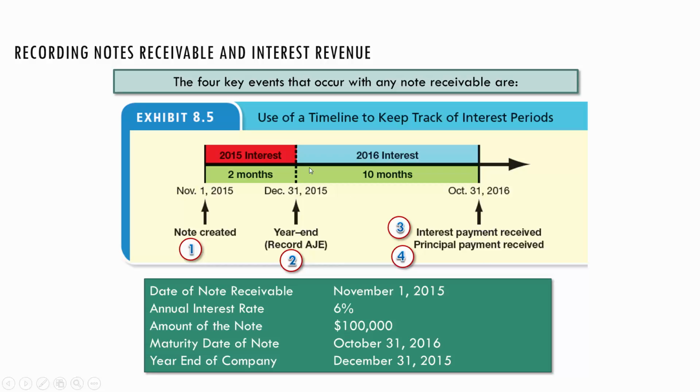So there's a number of events that are happening then with the note receivable and with the interest. And we have to use a timeline. It's very helpful if you make out a timeline with these problems so that you understand what's happening.